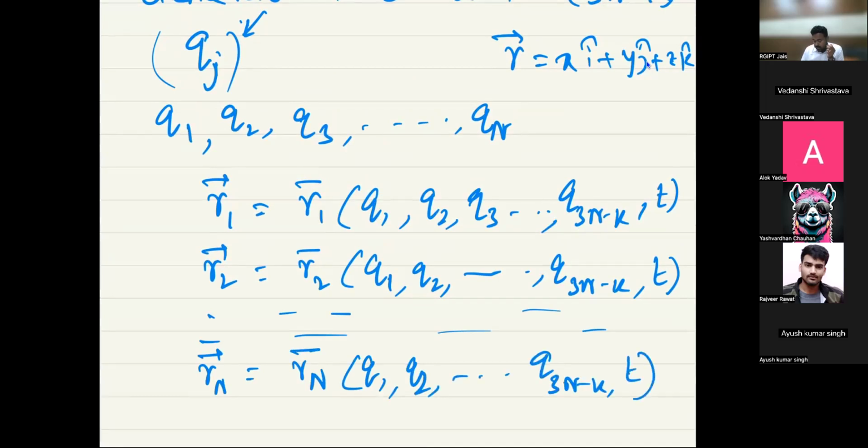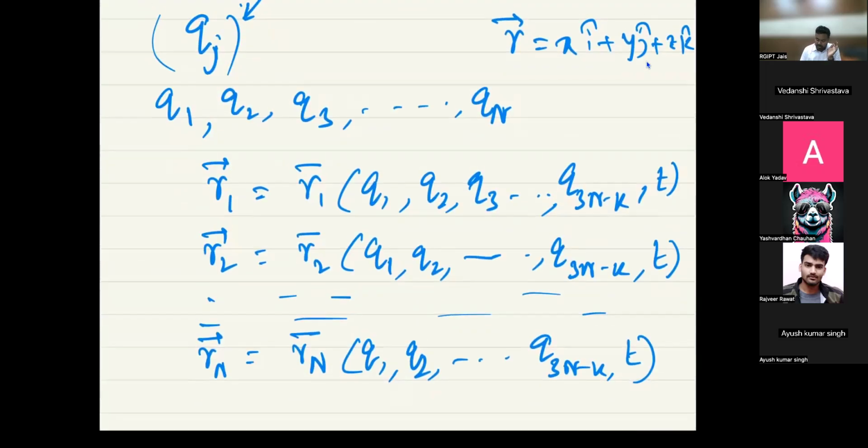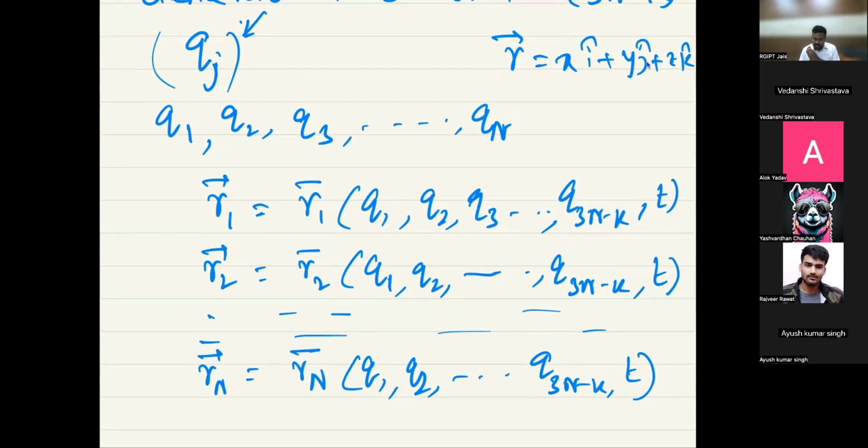Can you guys tell why we're writing up to n here? I told you that for n number of particles, we'll have 3n degrees of freedom. So why are we writing only n position vectors? Do you guys understand what we are discussing?